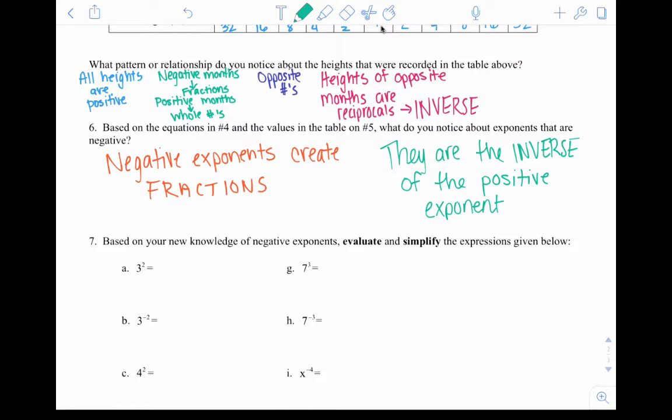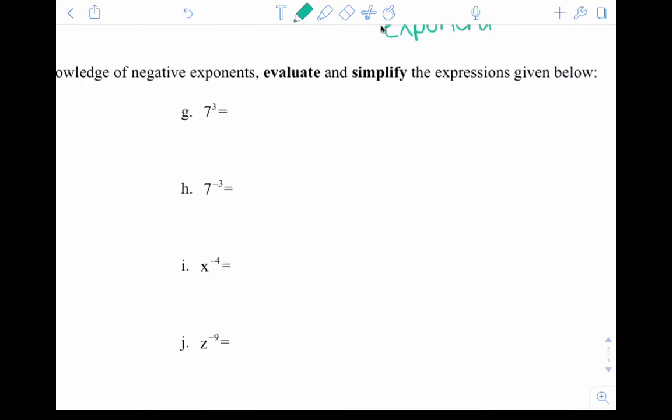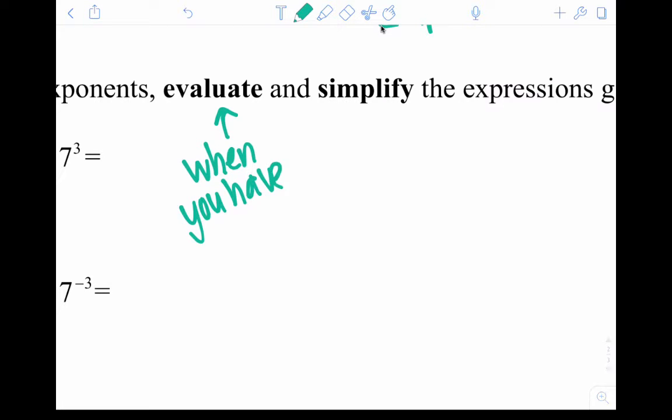So now what you're going to do on number 7, you're going to do this on your own. Based on your new knowledge of negative exponents, you're going to evaluate and simplify these expressions below. One thing I want to make clear is evaluate means when you have numbers, so you can get a number as an answer.